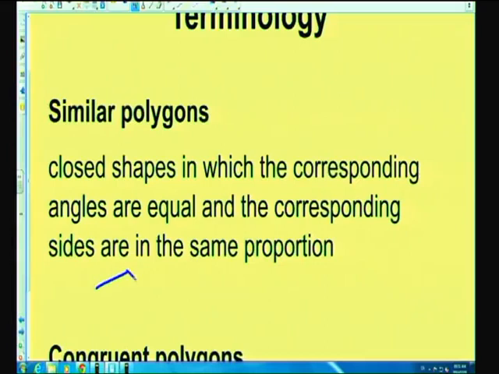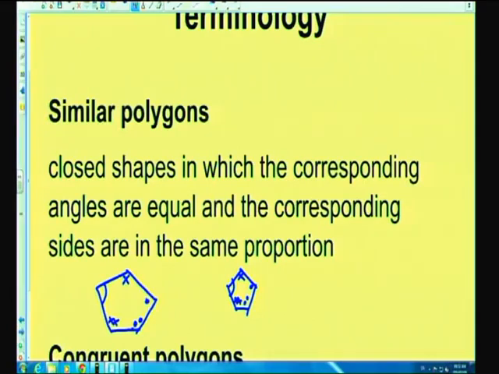So if it is a figure like this, for example a kind of pentagon, that would be a polygon, and perhaps a smaller version of it. What they're saying is, if this angle equals this angle, that one equals that one, this one equals this one, and so on, then that would be a closed shape in which the corresponding angles, corresponding meaning in the same position, are equal.